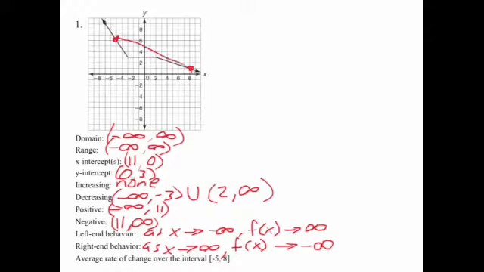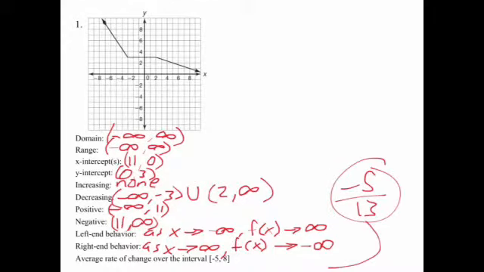You need to get your rise over your run for the line that goes through those 2 points. And that's just a rise of negative 5 and a run of 13. So down 5, right 13. That's going to be my average rate of change on the interval from negative 5 to 8.